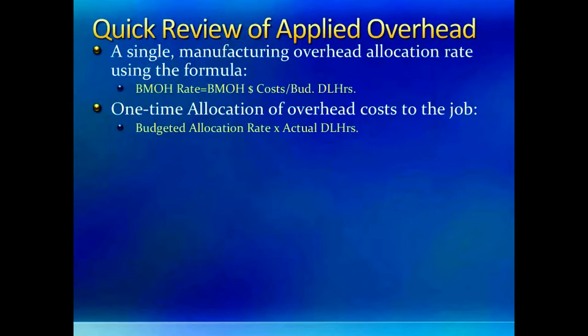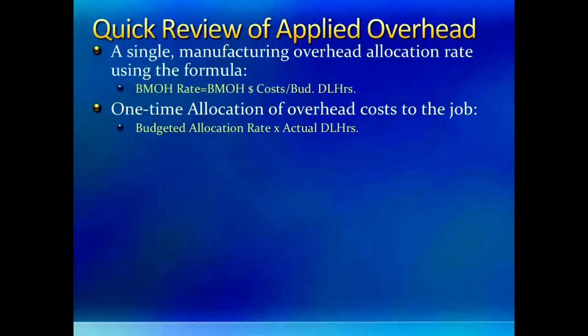So far, we have seen that companies pool all their indirect costs into a pool called manufacturing overhead and use an allocation base, most popularly direct labor, to assign these costs to various products. We also said that companies typically use estimated or budgeted numbers to calculate a rate because actual costs are not known until year end.